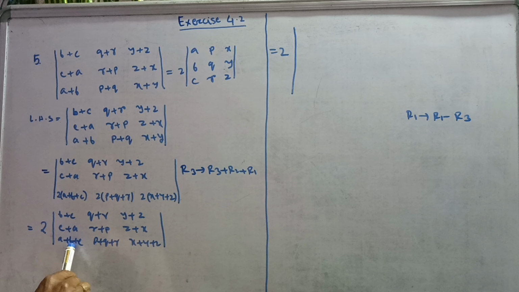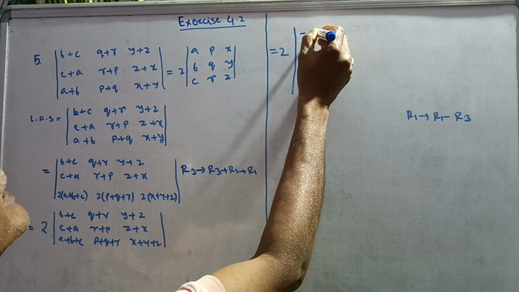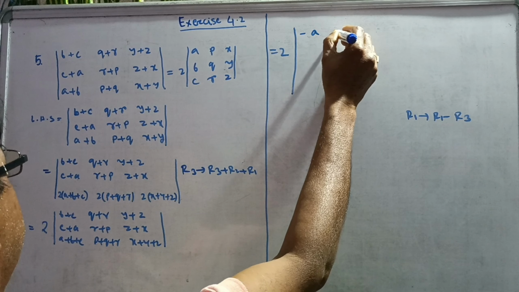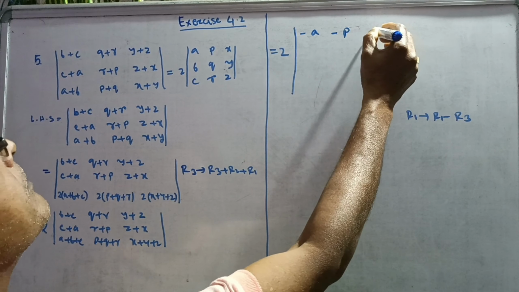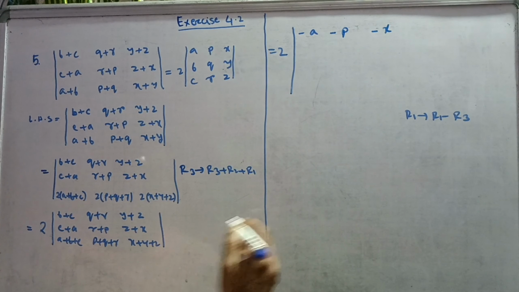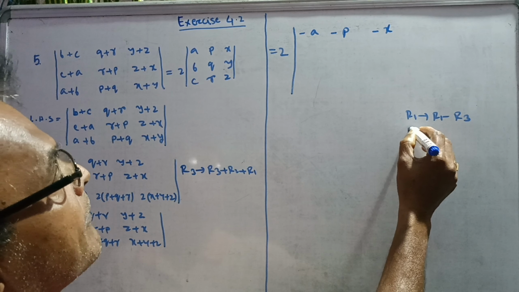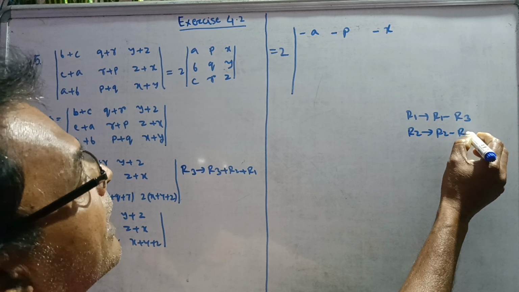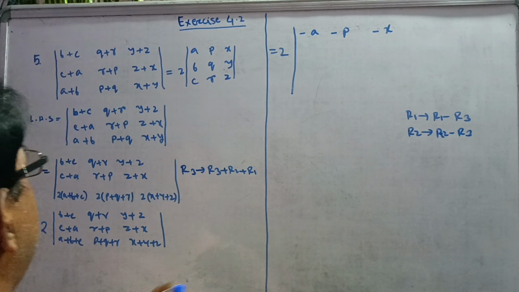This minus this, B and C cancel, so it becomes minus A. Here it becomes minus P, here minus X. And the same step, we apply R2 changes to R2 minus R3.